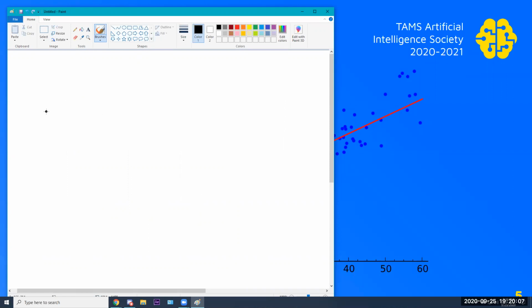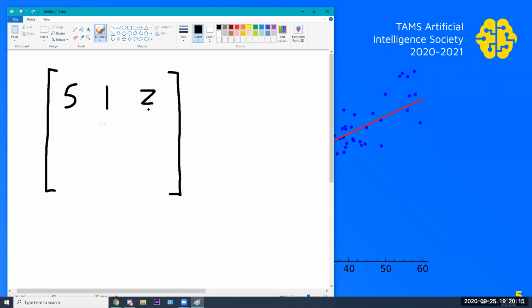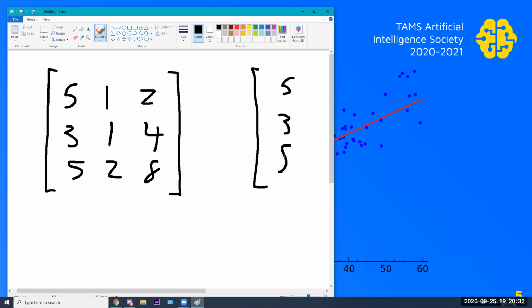A matrix is essentially a 2D array of numbers, right? Where you have like 5, 1, 2, blah blah blah, right? And then a vector is essentially a matrix with only one column, right? So this is a matrix, and a vector would just be like whatever numbers are here.